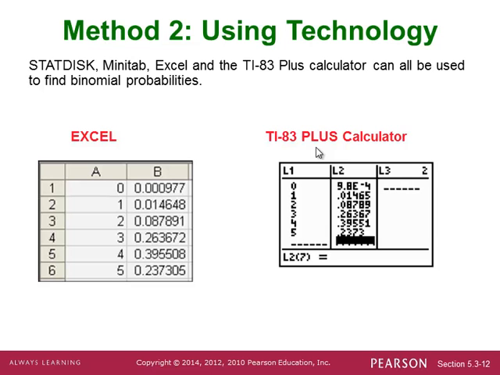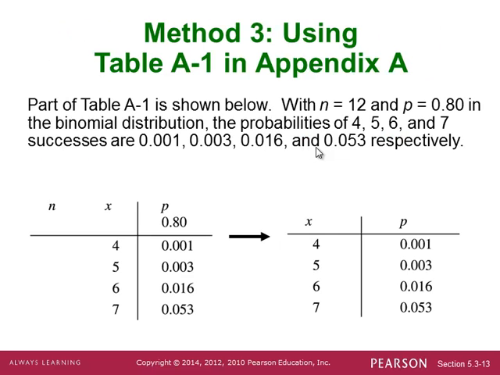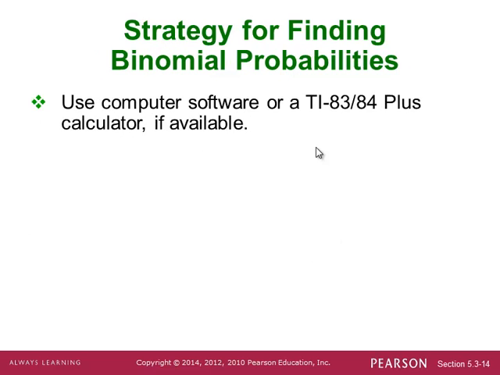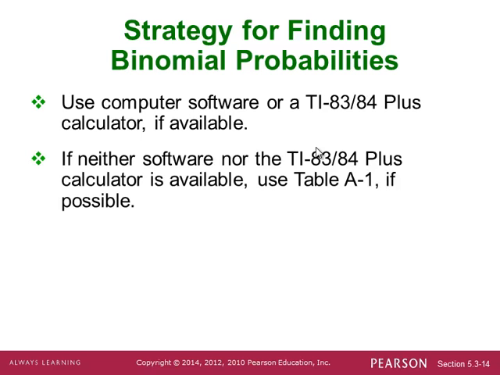I'll show you how to do the binomial calculation on the TI-83. Or you can look it up using the appendix. I'm not going to really show this to you because you have access to technology. So use your graphing calculator whenever possible.